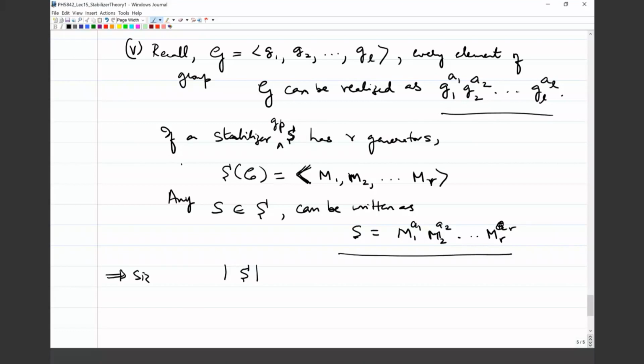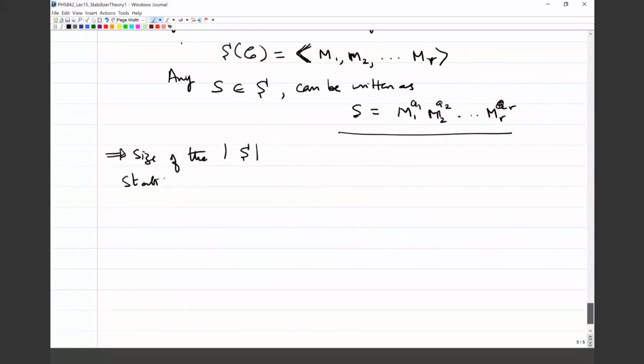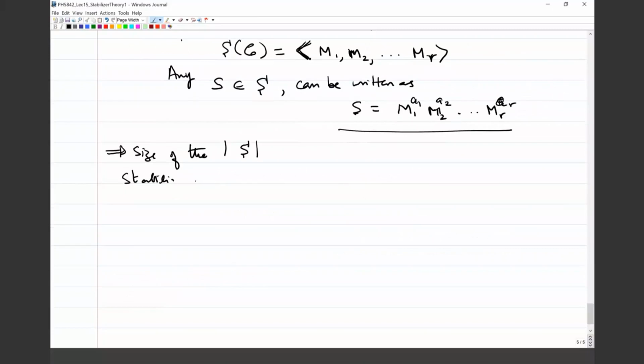How many elements does the stabilizer group have? Remember, these are all Paulis, right? And what can you have? Each of these A1, A2 to AR can be either 0 or 1, right?